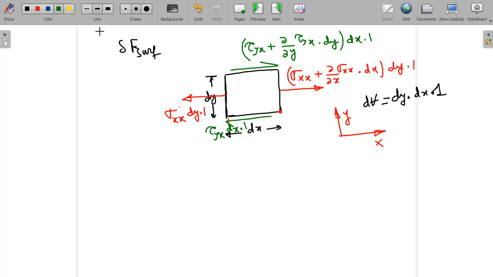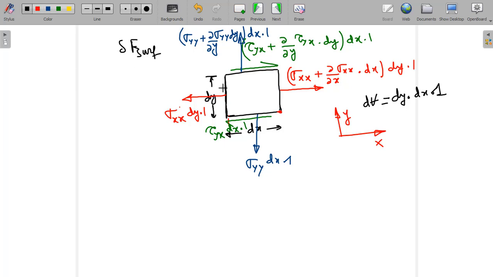Okay, now the stresses which are acting in the y direction you can also show. First you show the normal stress which is acting in the y direction. Let us do it by blue color. So it is sigma yy which is acting, multiplied by the area dx into 1, and here it will be sigma yy plus del y of sigma yy into dy multiplied by dx into 1. And what is the shear that is acting?